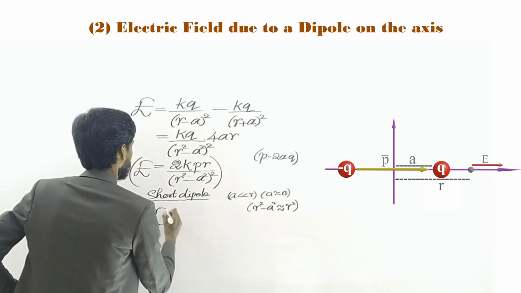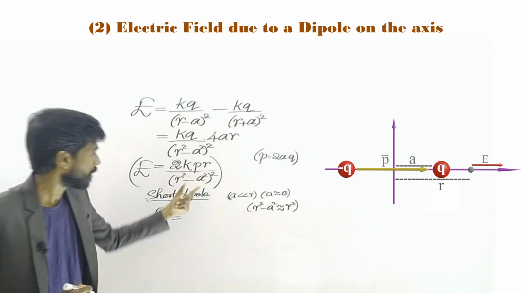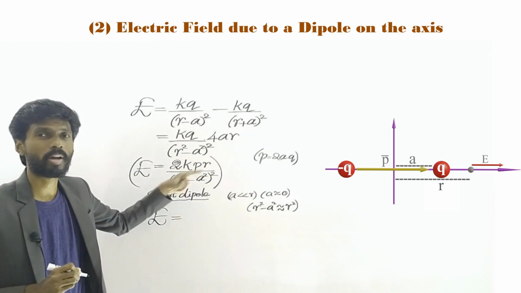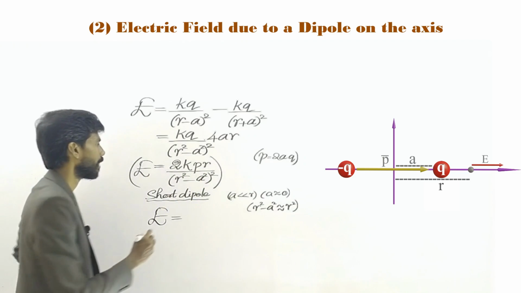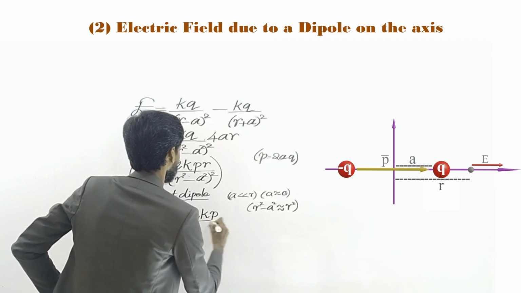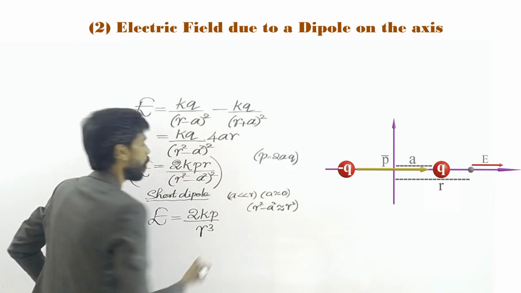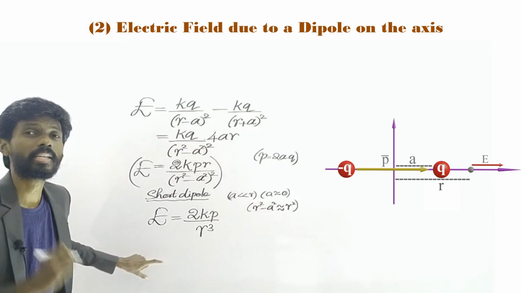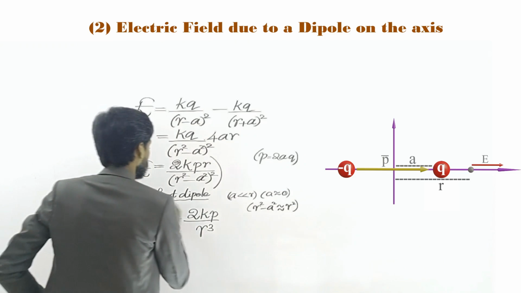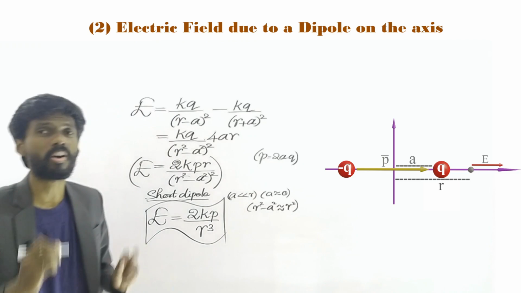E equals 2kpr divided by r squared to the power 2, that means r to the power 4. Already there is r, so if you cancel that, we'll get 2kp divided by r to the power 4, one r gets cancelled, so it is r cube. This is the electric field due to the short dipole at a point on the axis. This is the formula that you have to remember.